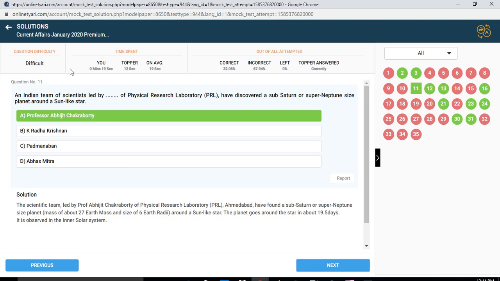An Indian team of scientists led by Professor Abhijit Chakrabarti of the Physical Research Laboratory (PRL), Ahmedabad, discovered a super Neptune-sized planet around a Sun-like star.